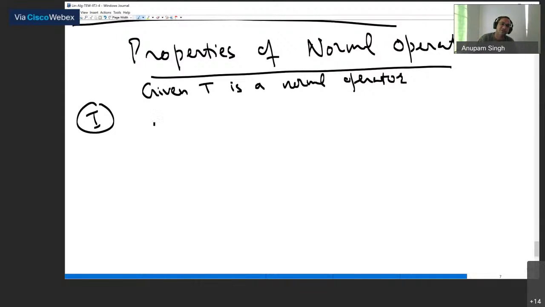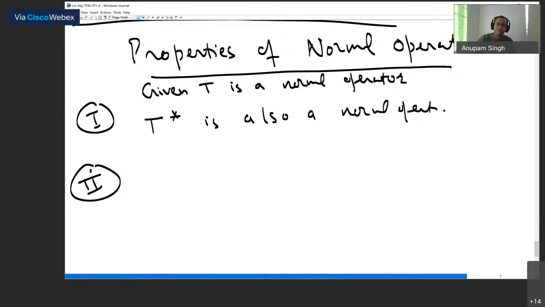The first property is that if T is normal, T star is also a normal operator. This is obvious because T T star is T star T, and the same equation gives you T star T is T T star. So this is an obvious property.